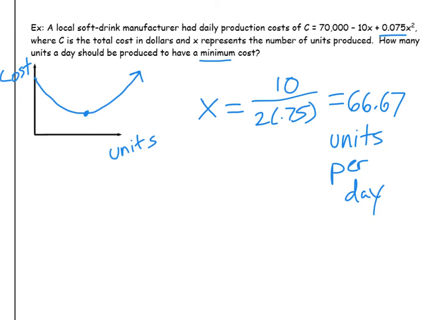So unlike the other one, we're done. If I were to plug that back into our quadratic, it would give me that minimum daily cost that they would get at that level of production, which we could do. There'd be nothing to it. We did it in the last problem. Go back to here and plug in 66.67. We're not going to do it because this problem didn't ask us to.